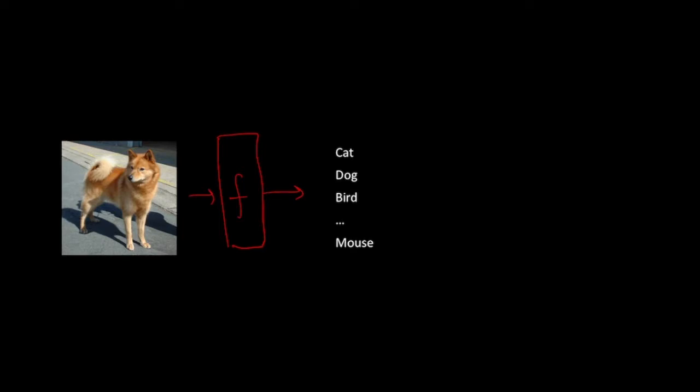For example, if the model has to output the dog class, it would output a value 1 at the index of dog and a value 0 for every other index. So the dog class has the value 1, and all other classes have the value 0.